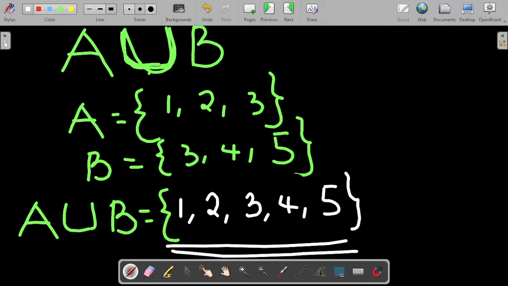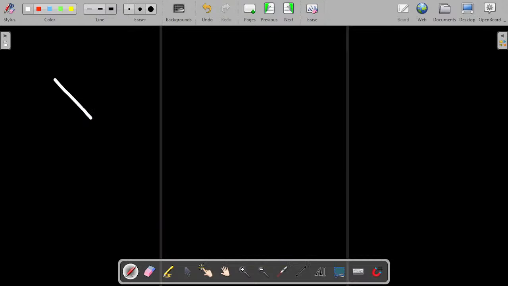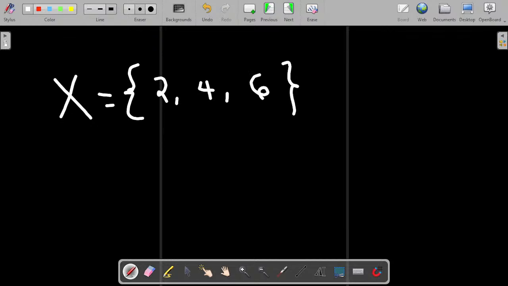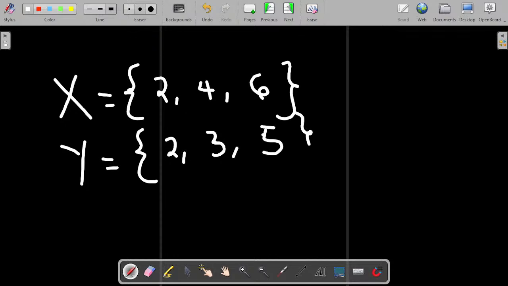You understand it now? Okay, let me give you one to try and tell me what the answer is. If they give you set X as 2, 4, 6, and set Y is given to us as 2, 3, 5. What is X union Y?